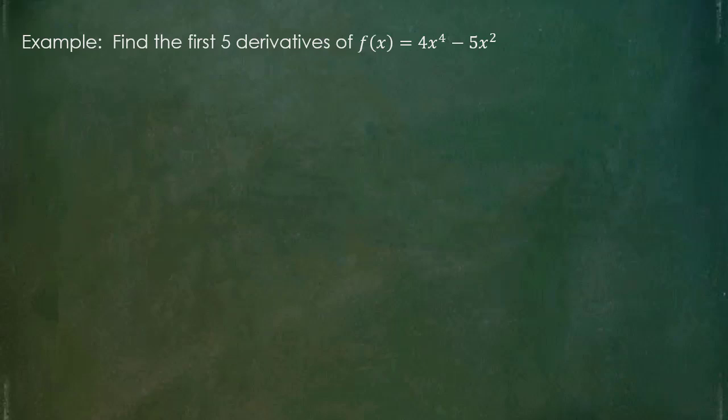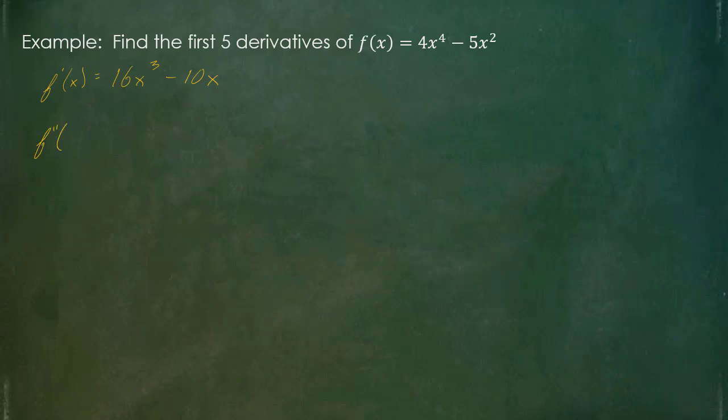This one says to find the first 5 derivatives of this function. We have our original provided for us. To find f prime of x, I would take the first derivative using the power rule. The 4 would come out and multiply with the 4 in front, so that becomes 16x cubed, minus, and then again power rule, 2 multiplies with the negative 5 to turn into negative 10, and then drop by 1, so just x.